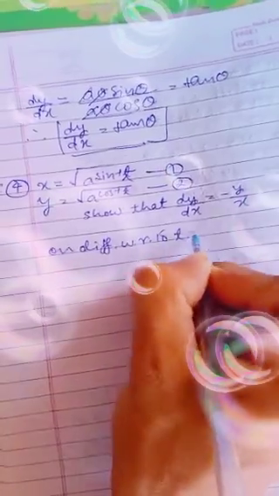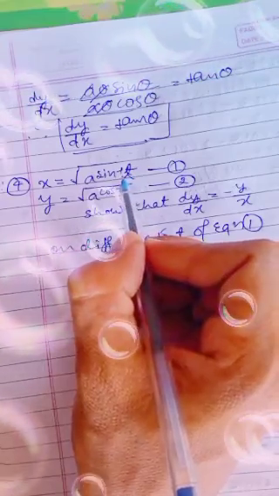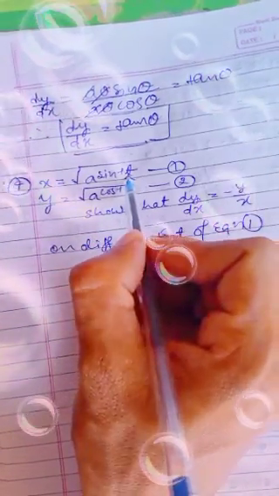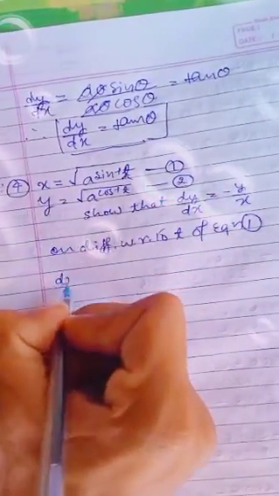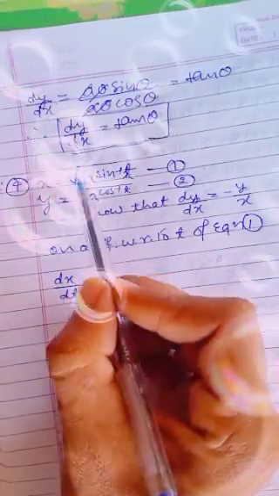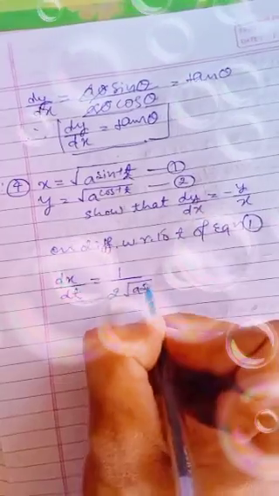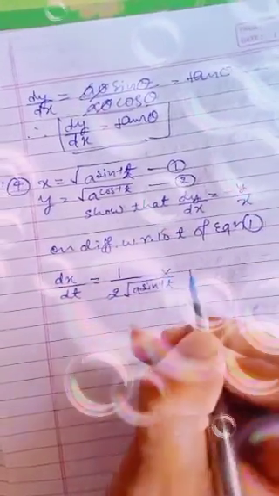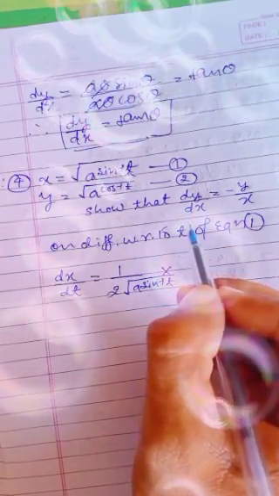Here you can write, on differentiation with respect to t of equation number first. You can see that in terms of angle, what is given is t, so you can differentiate with respect to t. So dx over dt is equal to the differentiation of anything in the root, 1 upon 2 root a raised to the power sin inverse t, multiplied by the differentiation of a raised to the power x, which is a raised to the power x log a.